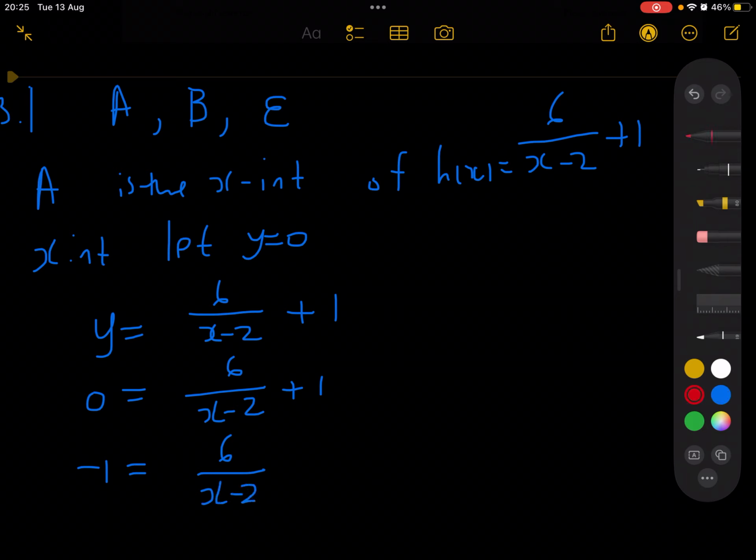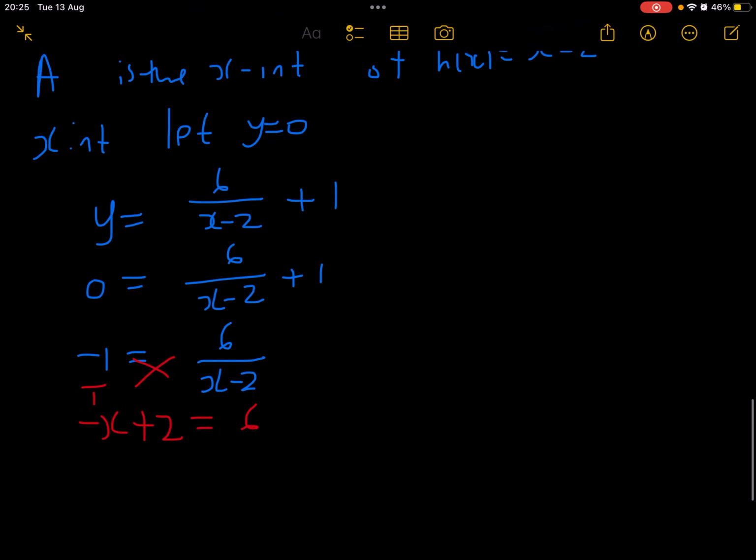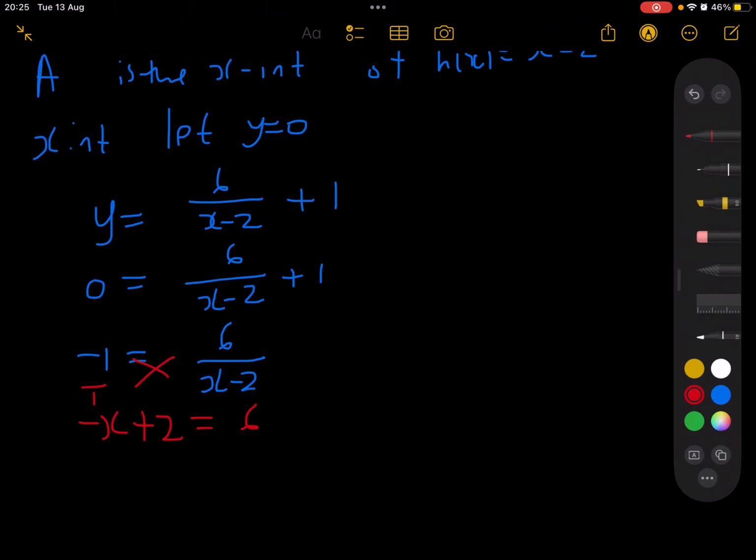Then we can cross multiply to get negative x plus 2 is equal to positive 6, such that if you take the 6 to the left-hand side and the negative x to the right-hand side, this becomes negative 6 plus 2 is equal to x, and x will be equal to negative 4. That is the coordinate A, which is (-4; 0).